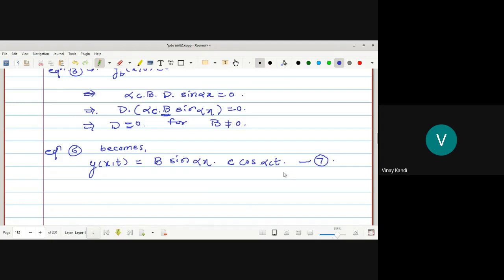Okay, so from the initial boundary condition, we get the value of a and d.